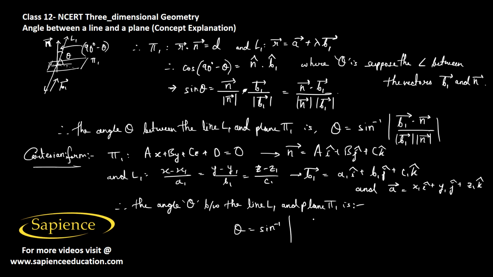So that would be equal to a1 into a plus b1 into b plus c1 into c divided by the magnitude of b1 into magnitude of n. So that would be square root of a1 square plus b1 square plus c1 square, into square root of a square plus b square plus c square.